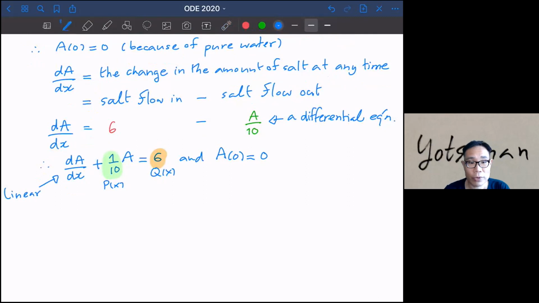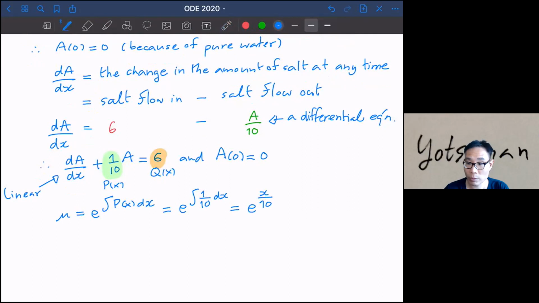When you have a linear equation, you begin with mu equal to e to the integral of p(x) dx. So it's e to the integral of 1/10 dx, which will be e to the x over 10.